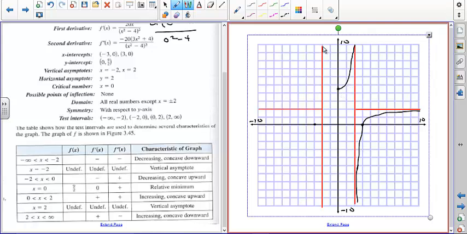The next part's decreasing, and it's concave up also, so that agrees with the first and second derivative. And likewise, this one has to come from underneath the horizontal asymptote through this point and then down to there. Again, it's a decreasing function, and it's concave down because the curve is downward.